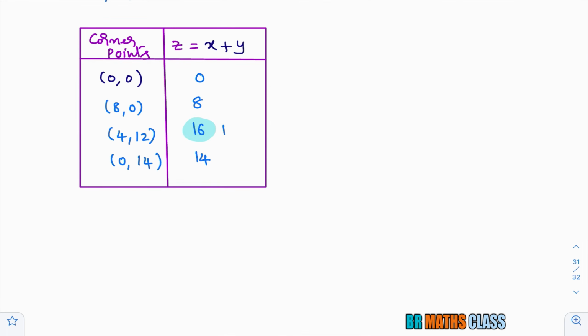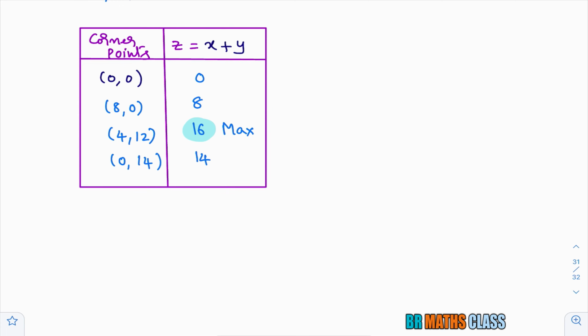Maximum value is 16. What they are asking: find the number of rackets we can form when the factory works at full capacity. When the factory works at full capacity, the total number of rackets and bats we can form is 16. In that, 4 tennis bats and 12 cricket bats they can manufacture.